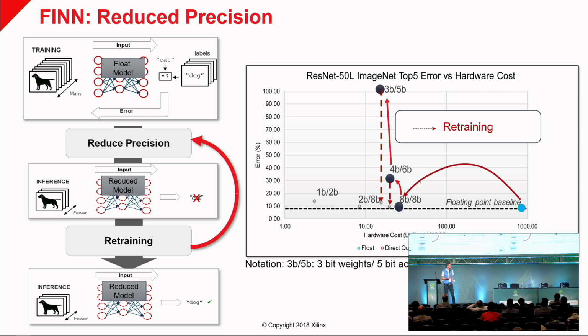But we need to make the frameworks and the compilers and the library sets aware of these really reduced precision formats. If you think reduced precision means 8 bits, that's not reduced precision. We start at 8 bits on the FPGA. Reduced precision is anywhere from 8 bits down to 1 bit.